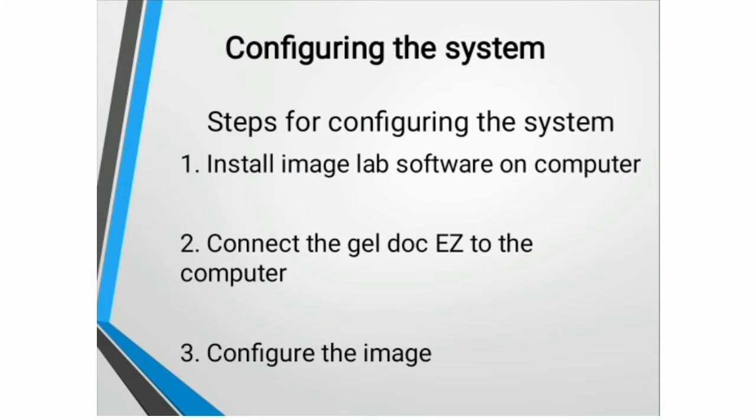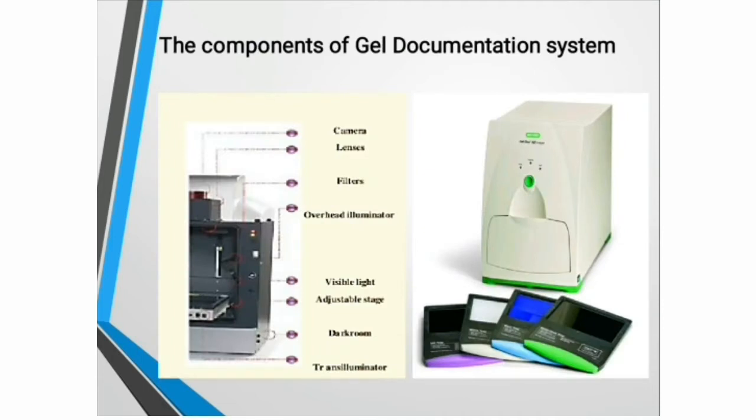Configuring the system. Steps for configuring the system are: first, install the Image Lab software on the computer. Next, connect the GelDoc EZ imager to the computer. Next, configure the image.